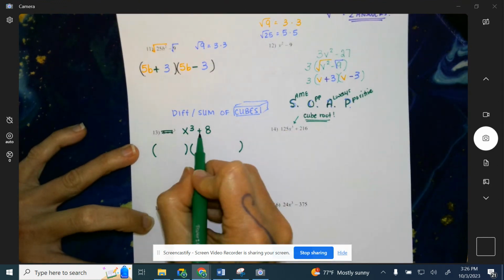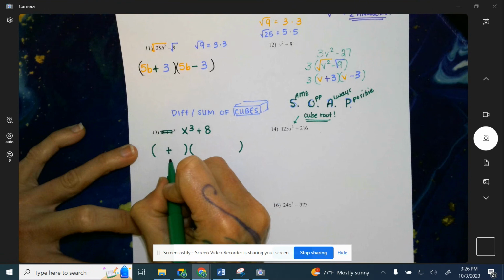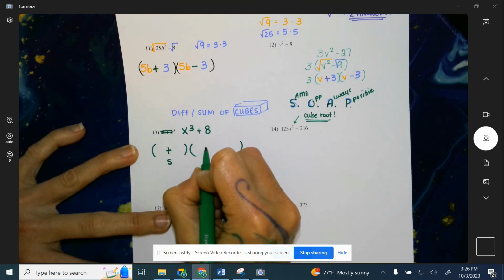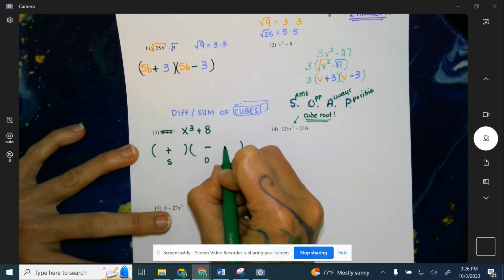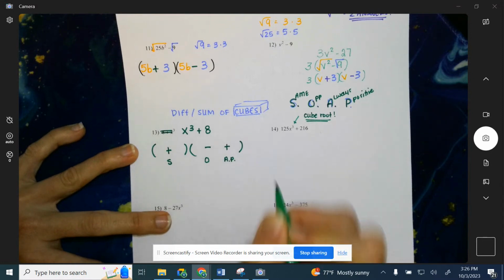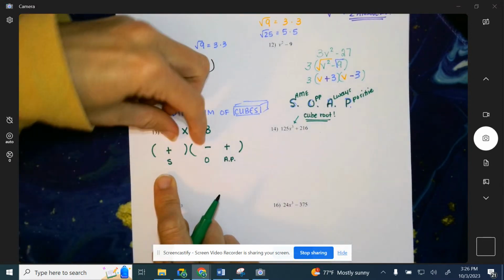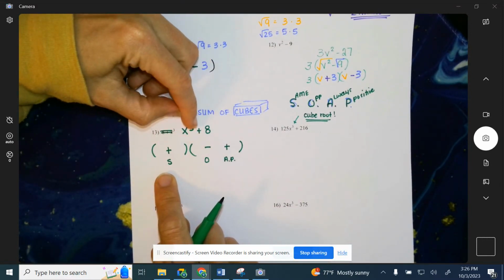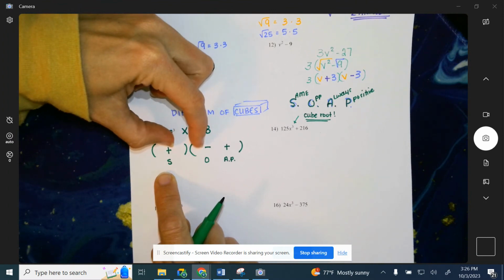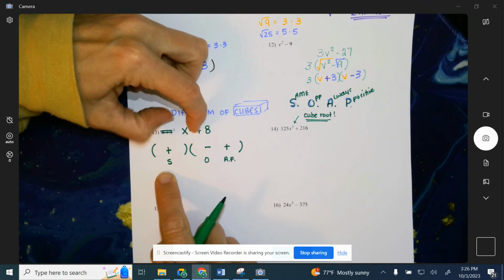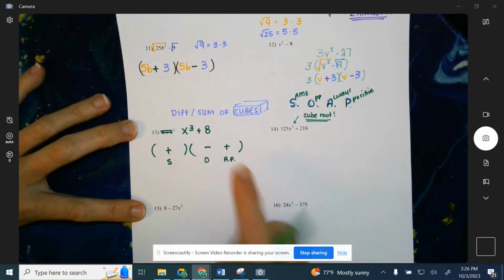Same: if this is addition, this will be addition. So they're same. Opposite, always positive. So these two in the front are going to switch depending if it's a sum, so if it's addition, or if it's a difference, okay? So these two will always be relative to this one, and the last one will always be positive.